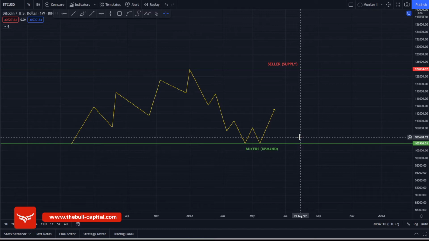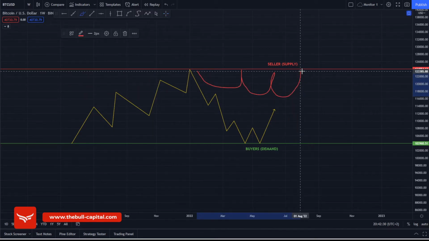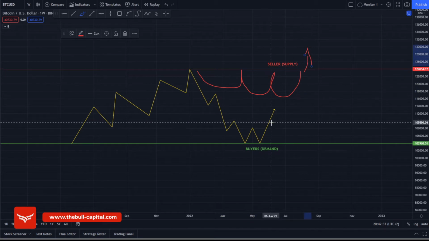The more a support gets tested, the higher the chances that the price is going to go lower at some point. The same with resistance. If the resistance gets tested many times, there are very high chances it will break higher.